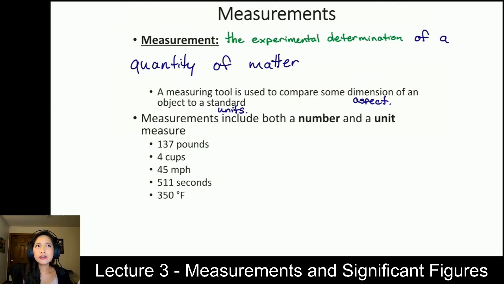Does she mean she wants 5 single tomatoes, or does that mean she wants 5 pounds of tomatoes? See how the unit there is very important when trying to convey information or even scientific information. I don't want to come home with the wrong thing. All right, so measurements always include a number and a unit, and it's always important to convey those things, a number and a unit, in scientific writing.